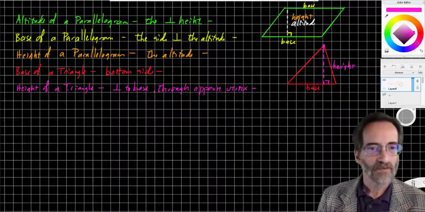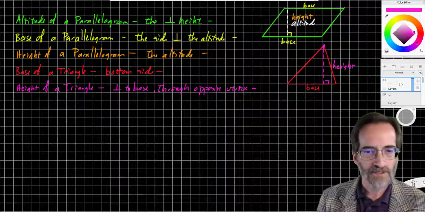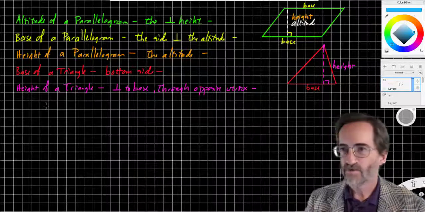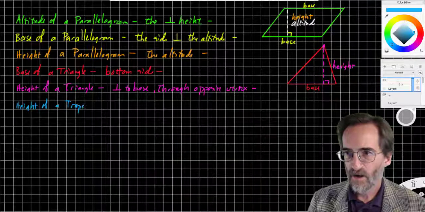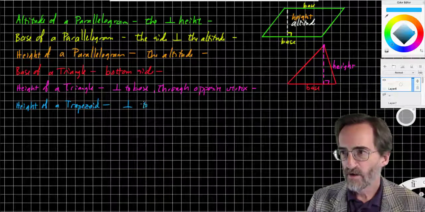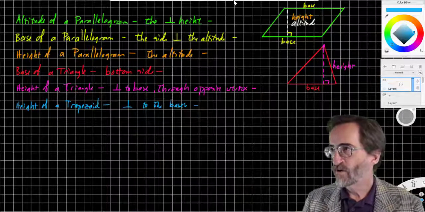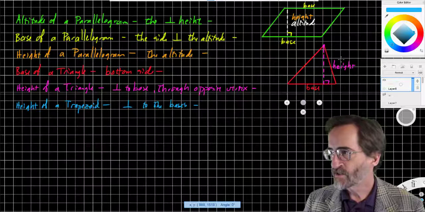Okay. So I'm going to lesson number 2. Areas of trapezoids, rhombuses, and kites. Okay. Height of a trapezoid. It's the next word. The height is measured perpendicular to the bases. You may recall that in a trapezoid, there are 2 parallel sides.